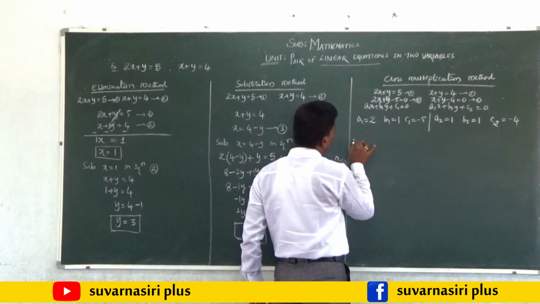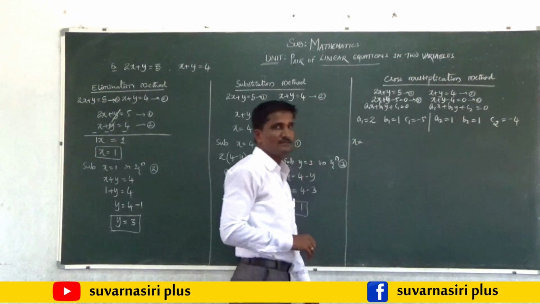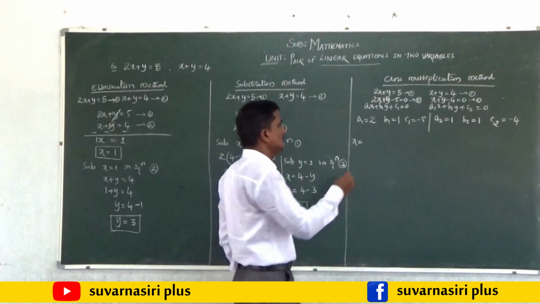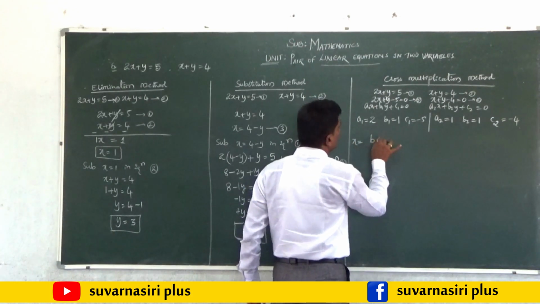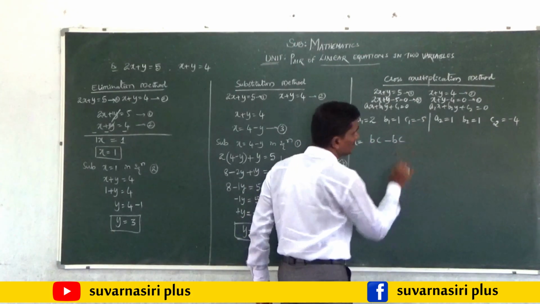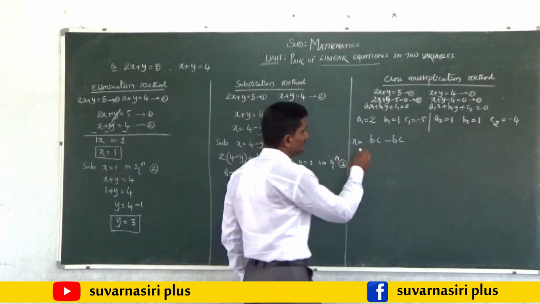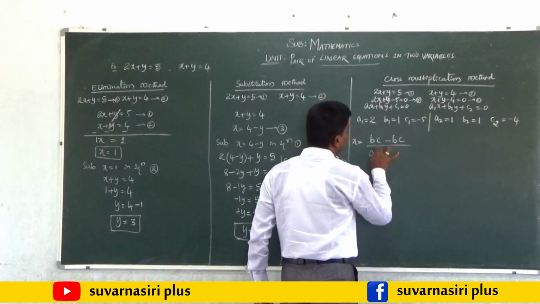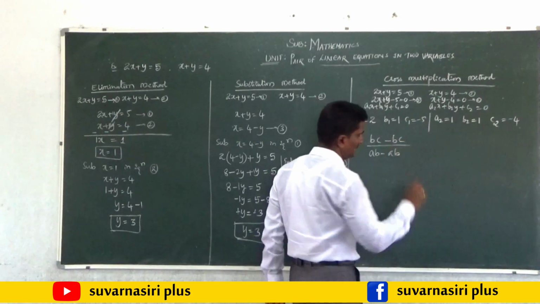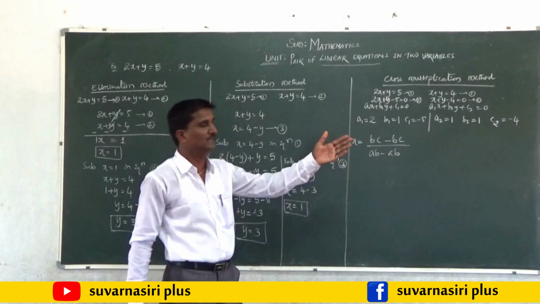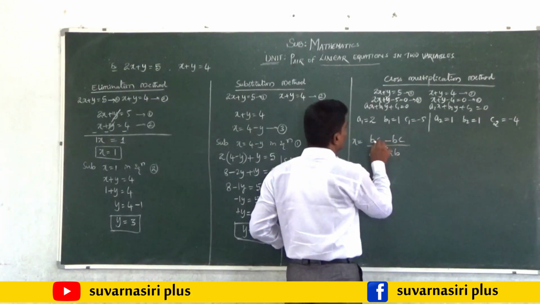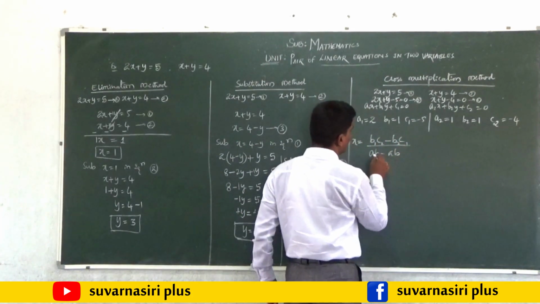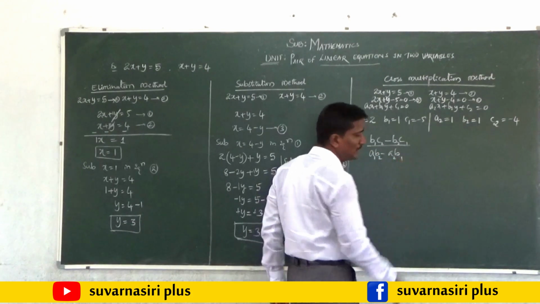So in this cross multiplication method, directly you can use the formula for finding x and y. For finding x, the formula is there. For remembering purposes, you can write this formula as x is equal to (b1c2 minus b2c1) by (a1b2 minus a2b1). After that, you write here 1 2 2 1 and 1 2 2 1.